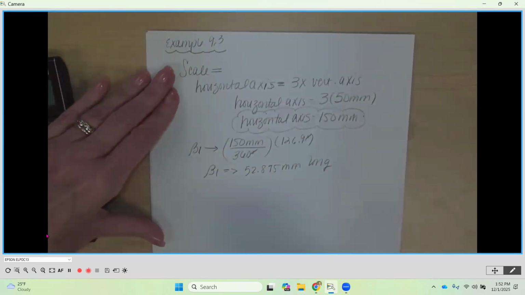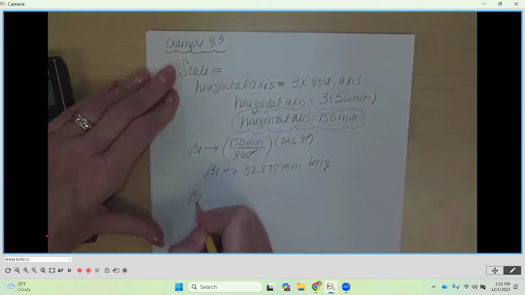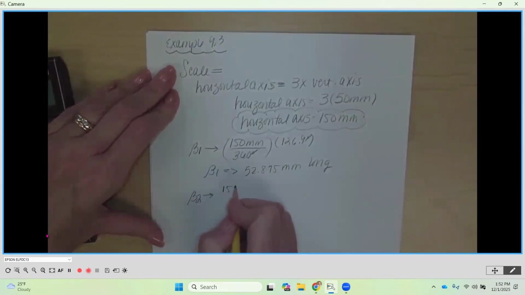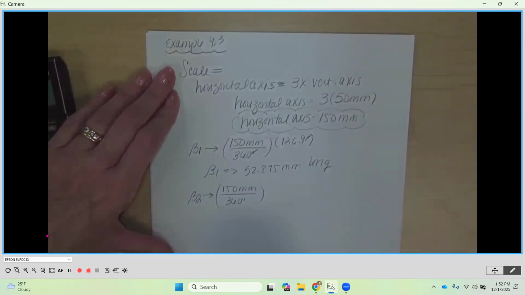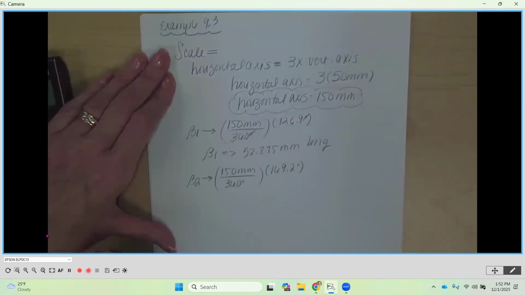Okay. Let's do the distance for beta 2. Beta 2 is going to be that same 150 millimeters per 360 degrees, like our scale factor, if you would. This time we're going to multiply it by 169.2 degrees. That's going to cancel out.